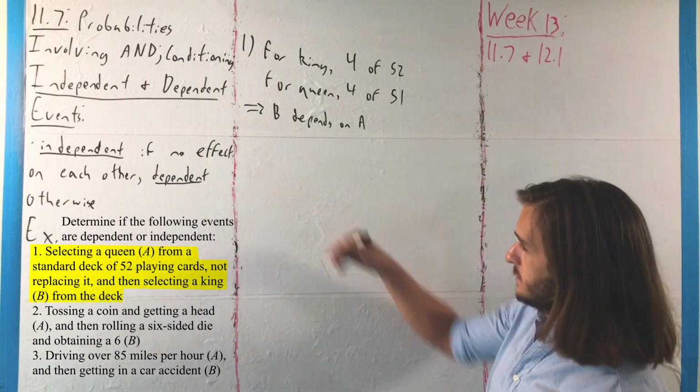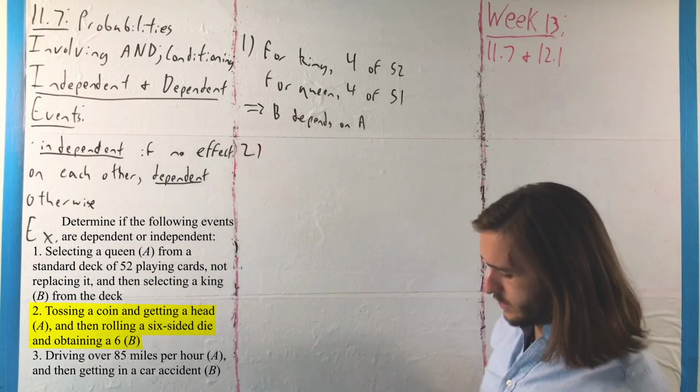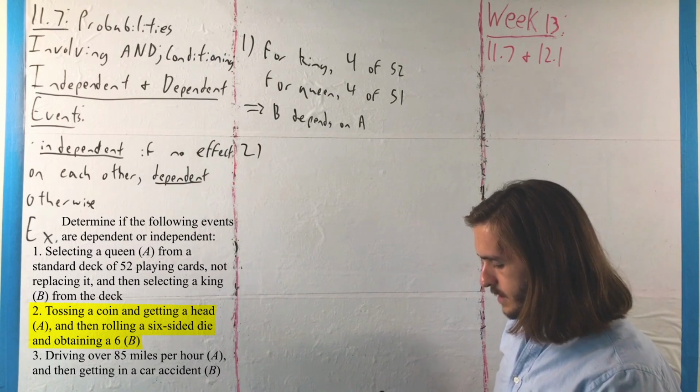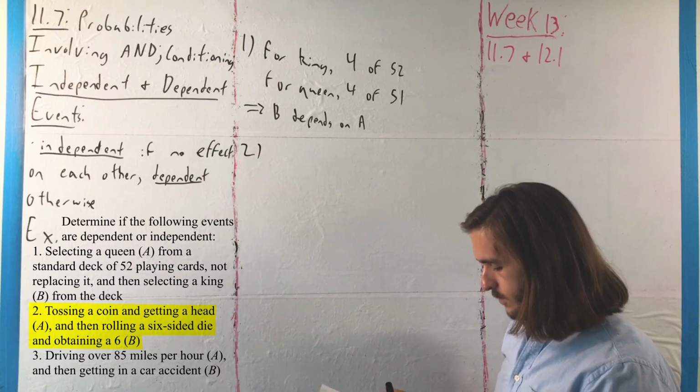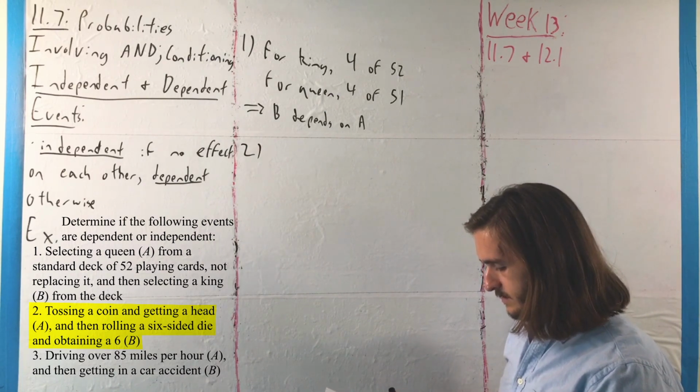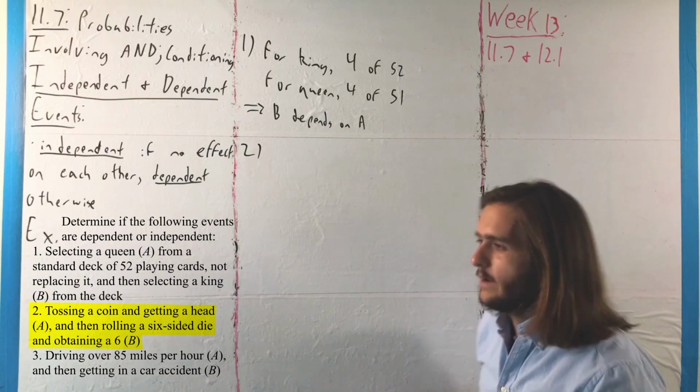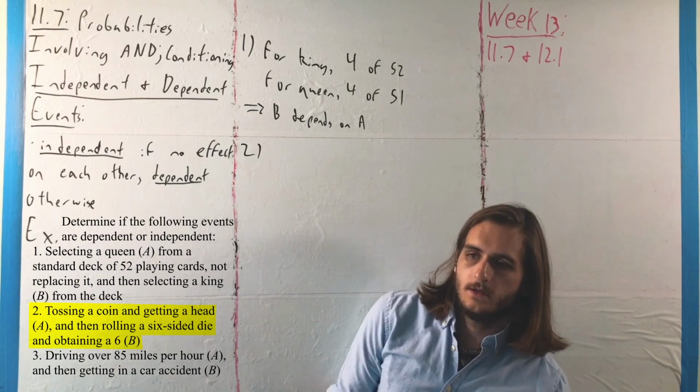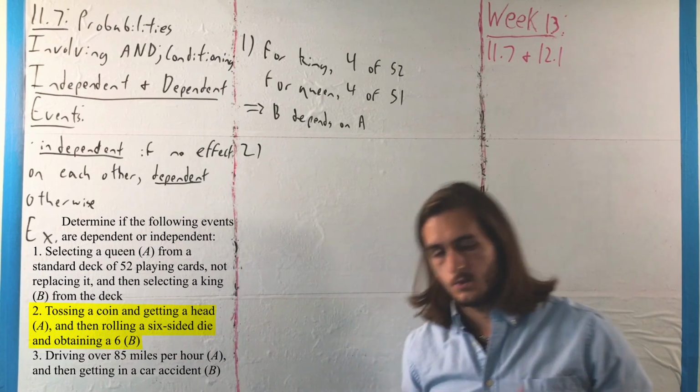Anyway, for our second case, if you want to look at what happens there with the coin toss, hopefully we can tell that no matter what happens with the coin, the coin doesn't have a say. The probability of getting the 6 is 1 out of 6.